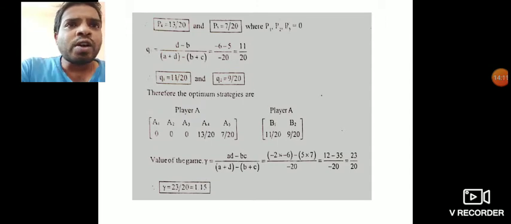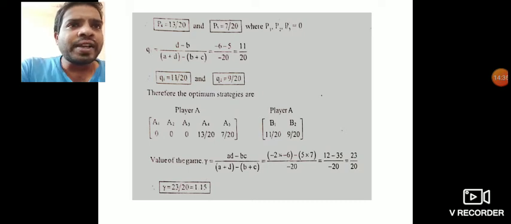Write down the optimal strategies matrix. For player A, A1 to A5, we have picked only A4 and A5. Those 2 lines intersect at the point M, so write down the probabilities. P4 is 13 by 20 and P5 is 7 by 20, and the rest, A1, A2, A3, you can take as probability 0.